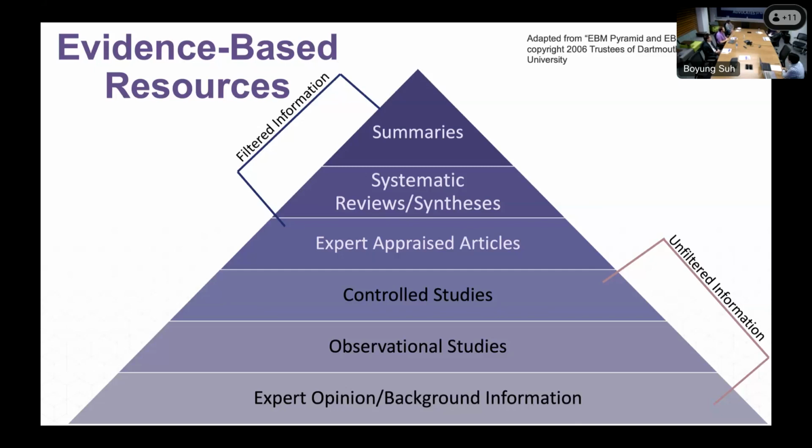And then even beyond that, not only empirical studies, they would like to see expert opinion or synthesis of the paper. So that can be a more inclusive kind of literature review.